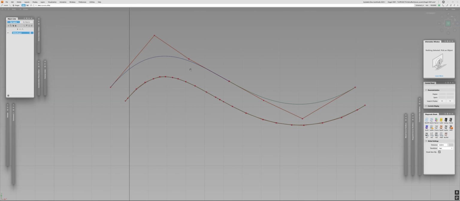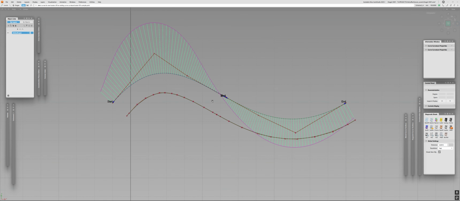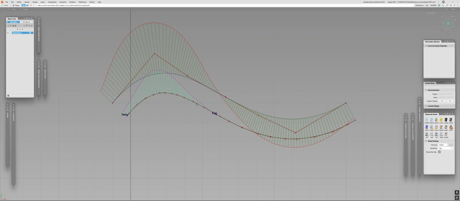So for now, if I use the curvature comb here on the original surface, you're going to see that this is very natural and very accurate. We have a positive acceleration, an inflection point, and then the negative acceleration. All smooth, all accurate, no issues. But the moment we check this one, let me expand it a little bit, you're going to see what is happening.